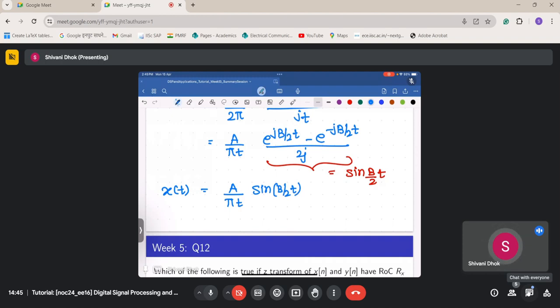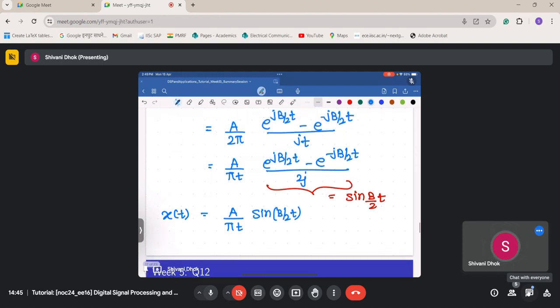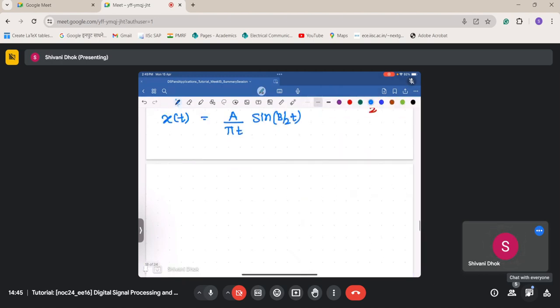And now I want to bring it in the form of a sinc function. We have the definition that sinc of x is equal to sin x upon x. Here in sin x, my x is b by 2 into t. I have only t, so now I'll multiply and divide by b by 2.